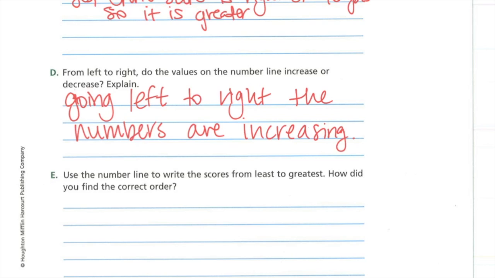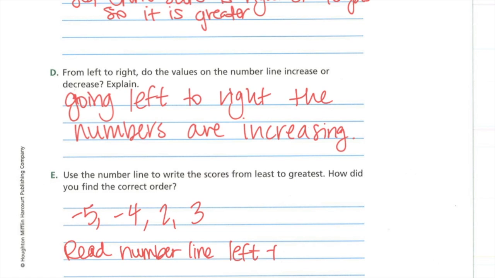So again, I can just look at my numbers from left to right. And so I'm going to see that -5, -4, 2, and 3 are my numbers that I graphed, and I looked at it left to right, like we read a sentence. And so that's how I found the correct order. I read the number line left to right. All right, let's go to the next.